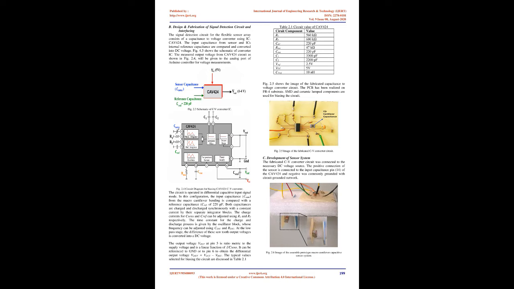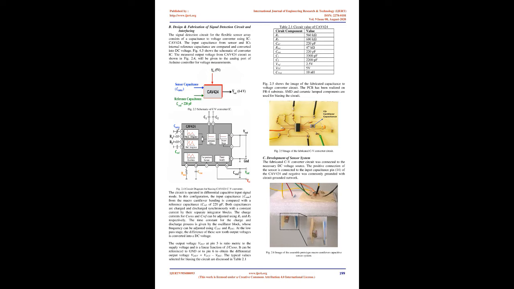The circuit is operated in differential capacitive input signal mode. In this configuration, the input capacitance, CSENS, from the Macro-Cantilever bending is compared with a reference capacitance, CREF, of 220 pF. Both capacitances are charged and discharged synchronously with a constant current by their separate integrator blocks. The charge currents for CSENS and CREF can be adjusted using R1 and R2 respectively.